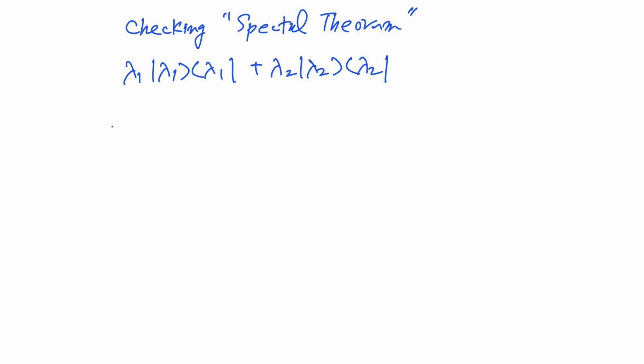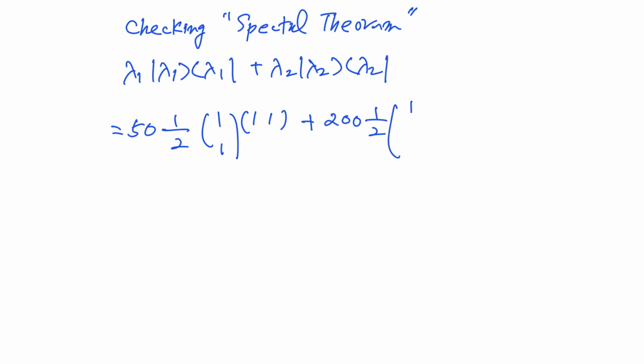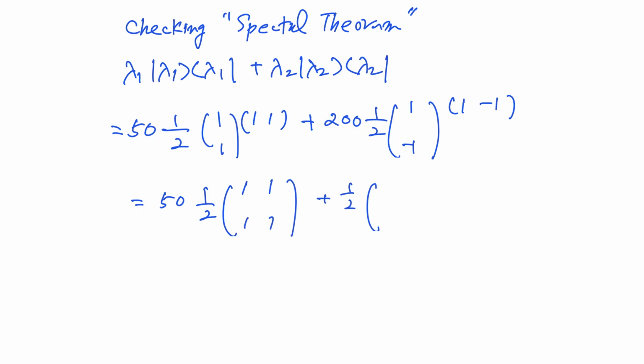So lambda 1 is 50, so 50 and 1/2, 1, 1, 1, 1, plus 200, 1/2, 1 minus 1, minus 1, 1.